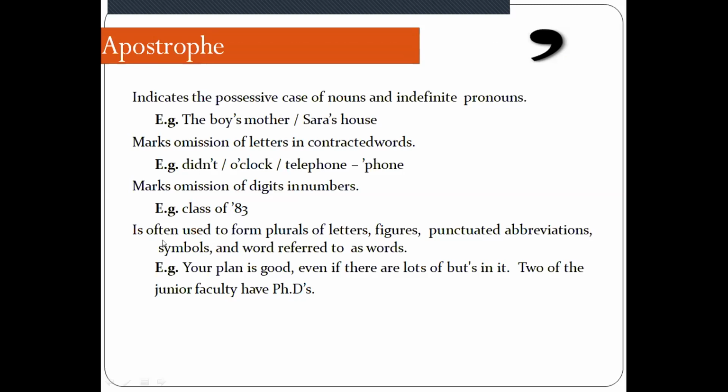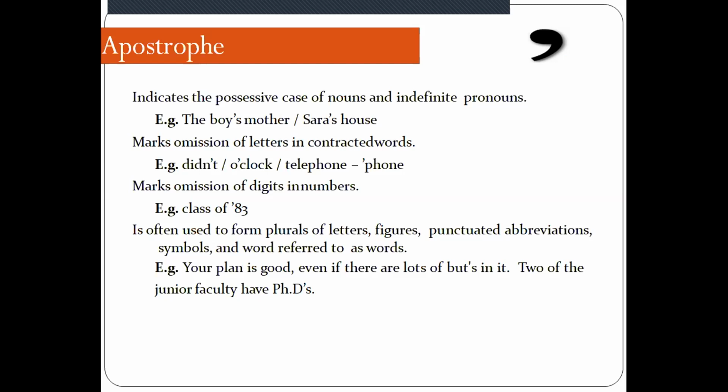This is often used to form plurals of letters, figures, punctuated abbreviations, symbols, and words referred to as words. For example, your plan is good, even if there are lots of buts in it. You understand? Buts in it, ands in it: plurals of letters, figures, punctuated abbreviations, symbols, or words referred to as words.